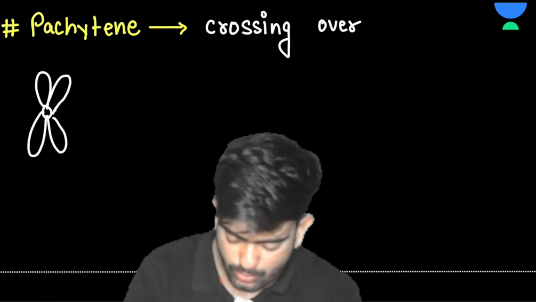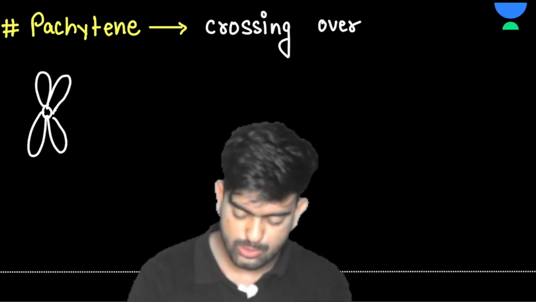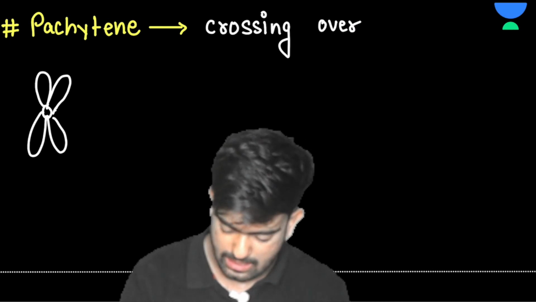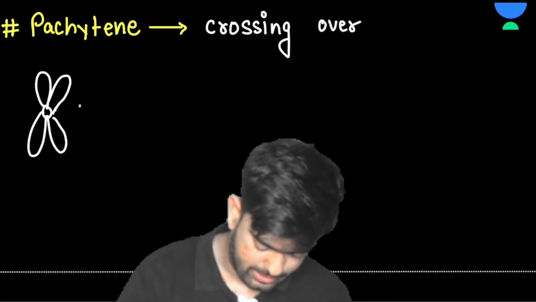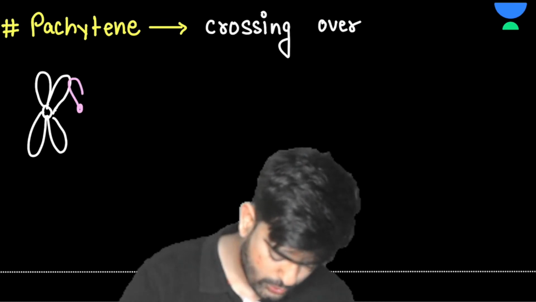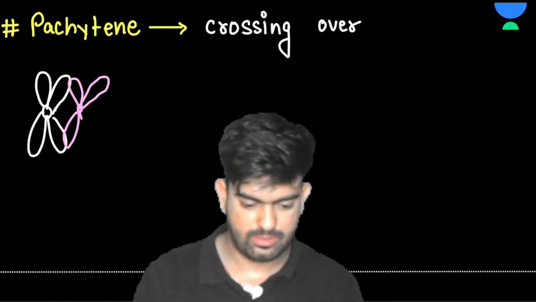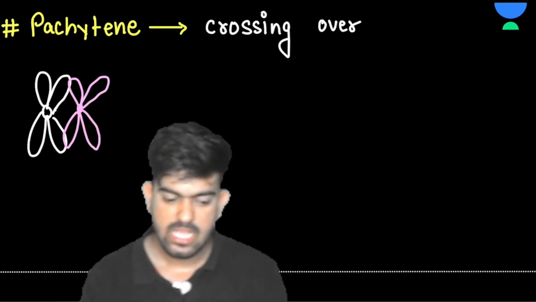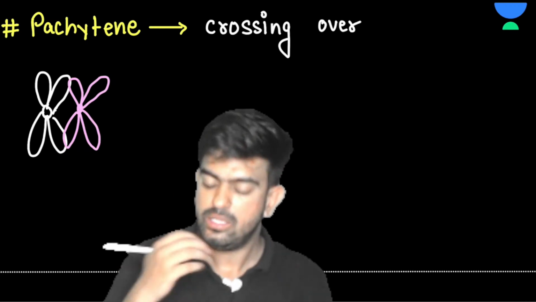For that, you need to watch our previous sessions, right? This was Harry's chromosome and Julie was pink in color, so I am going to take Julie as pink. They were the parents, and this chromosome is of their child.